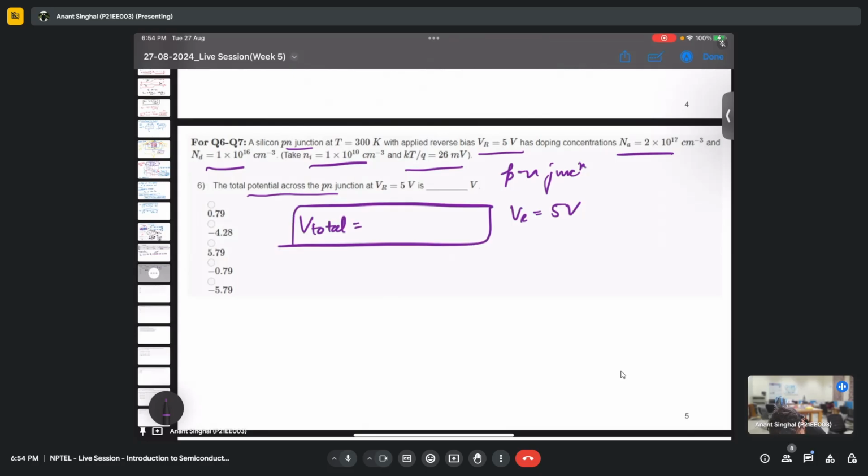I hope you already know the formula now. Can anyone tell what the total voltage will be? We have done the derivation using the band diagram initially. So what will be V total? VBI plus VR. Yes, exactly. So you can take 2-3 minutes and let me know the answer for this problem.